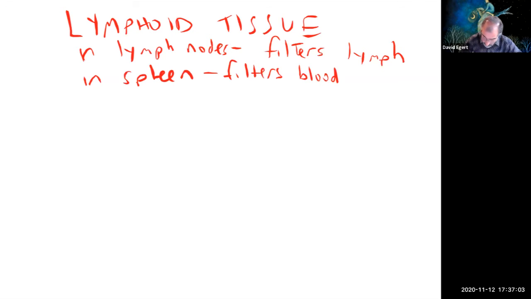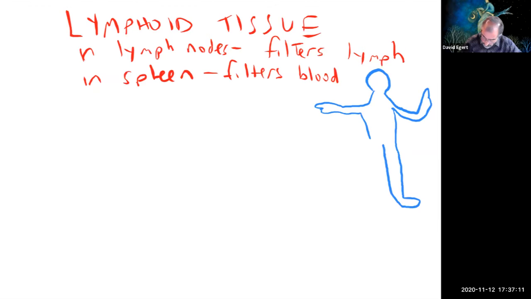Right, if this is you, the spleen is kind of up here, right in the top left part of your abdominal cavity. And you've got an artery coming in, a vein coming out, the splenic artery, splenic vein.